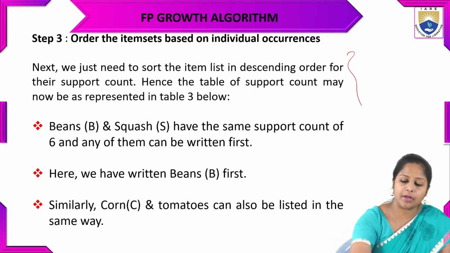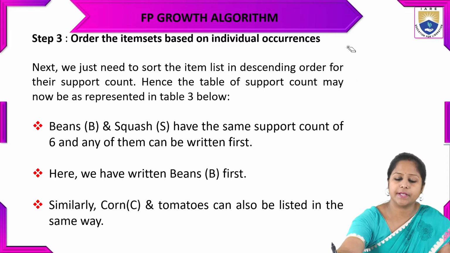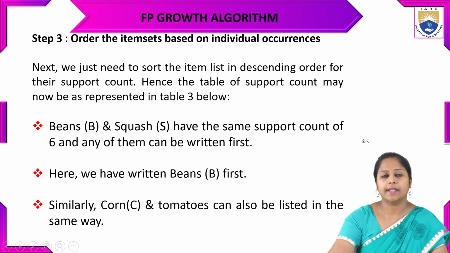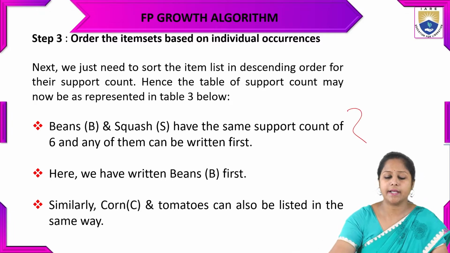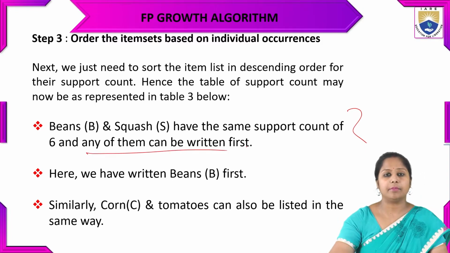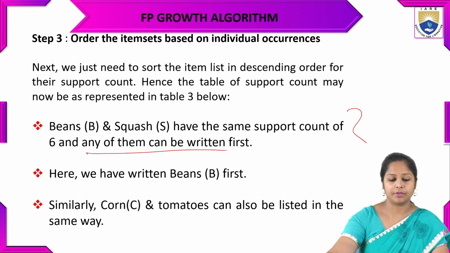So the table of support counts may now be represented in table 3 that was shown in the earlier slide. There the beans and squash have the same support count of 6, and either of them can be written first. We can write squash first in the table, or we can write beans as the second item. Here we have written beans first.